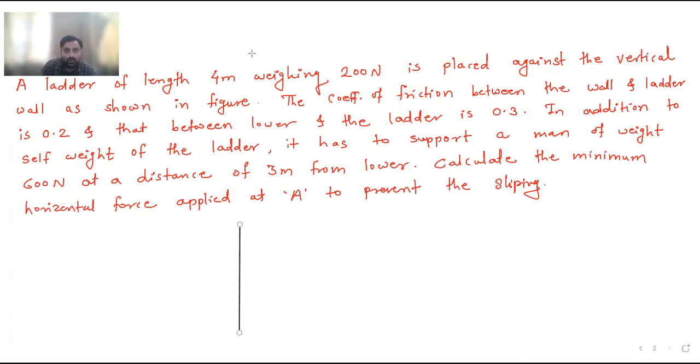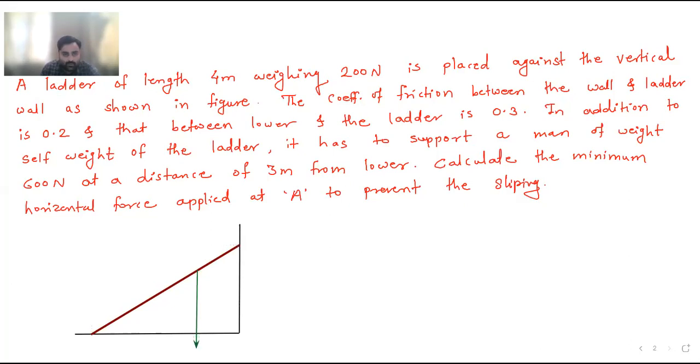This is the vertical wall. Then I will draw the ladder by line diagram only. This is the ladder. So on this ladder, a man of weight 600 Newton.